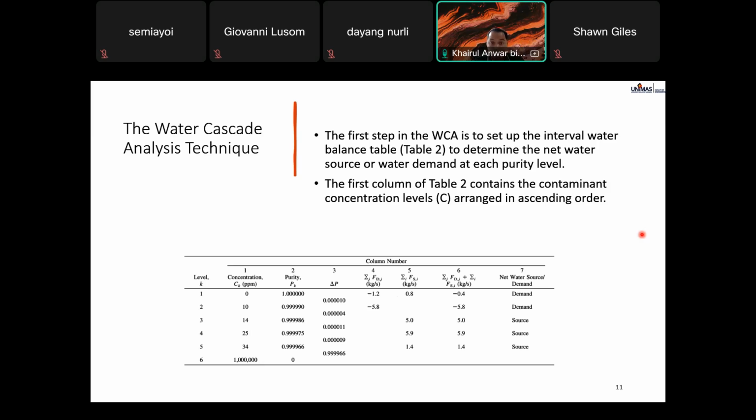In Table 2, the contaminant concentration levels are arranged in ascending order. Based on the table for water demand and water source, we have six sources. You can refer to the paper, six sources, to make sure.